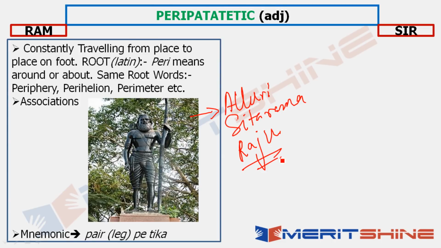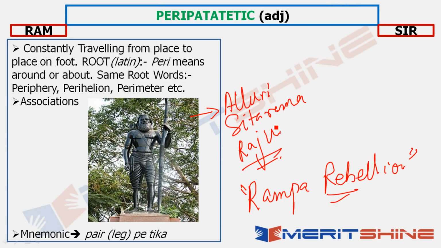The period was 1917 to 1922, with restrictions on tribals. There was this very popular but unsuccessful Rampa rebellion, and Alluri Sitarama Raju was its leader.